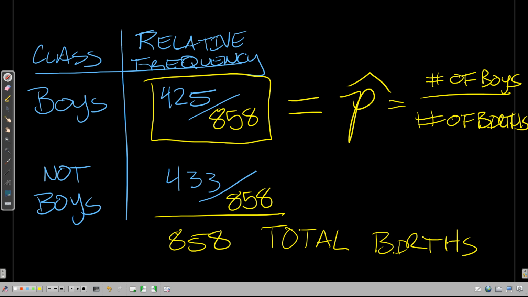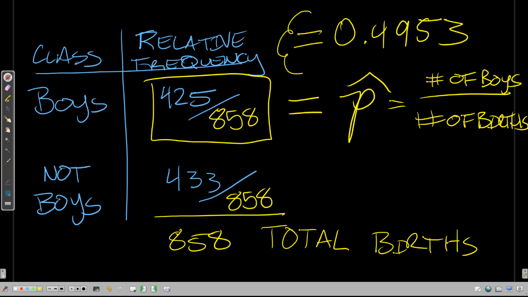Okay? And this, whatever that number is, is like the probability of us randomly selecting a boy from all of these 858 births. So what I want to do now is just get a decimal approximation to this p hat out to 4 decimal places. So what I've got here is that this is 0.4953.